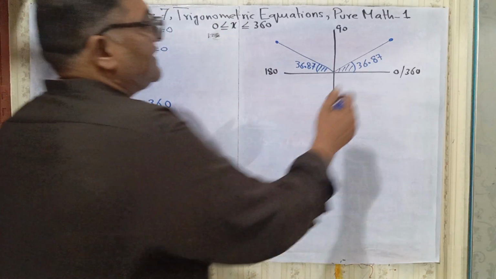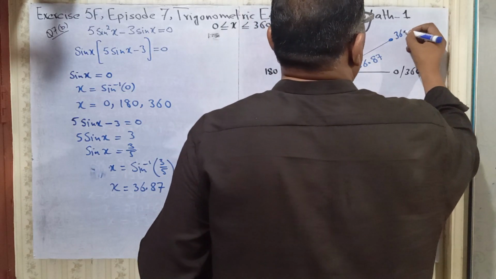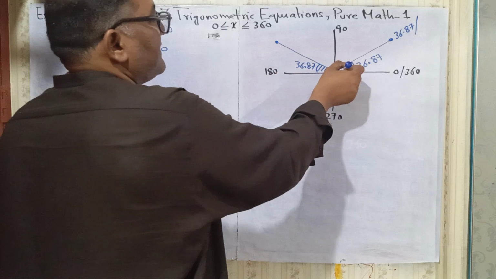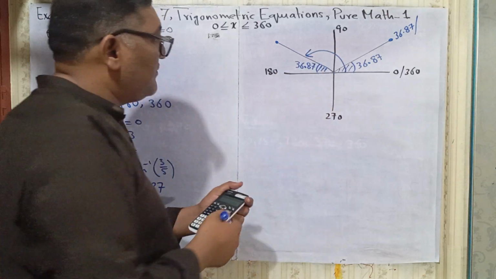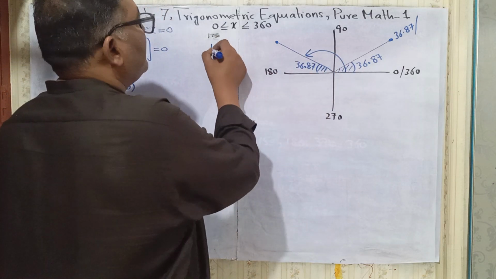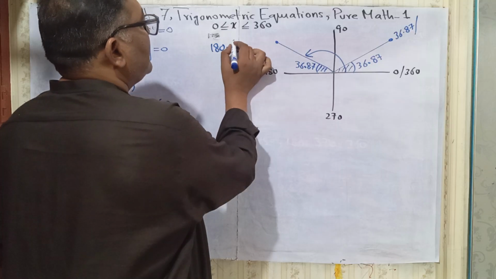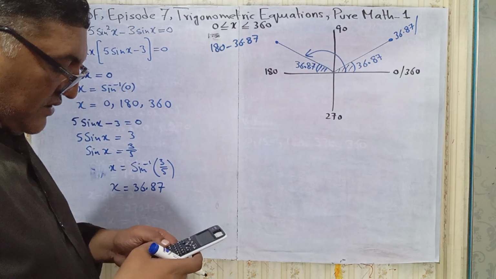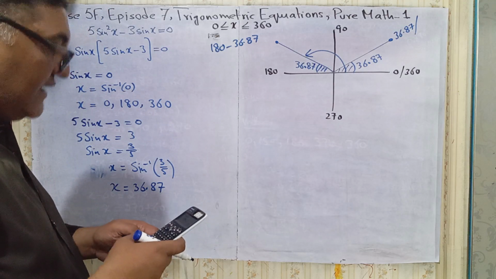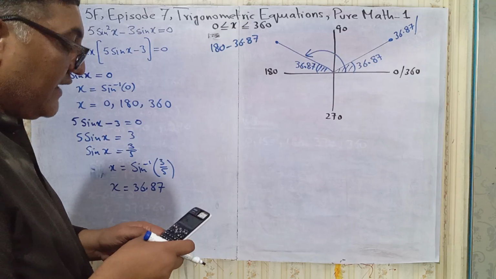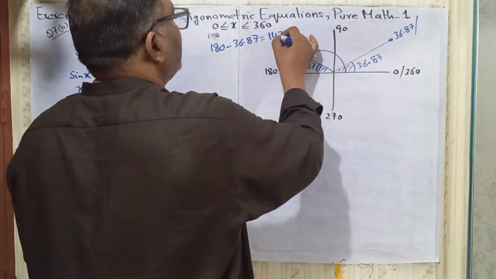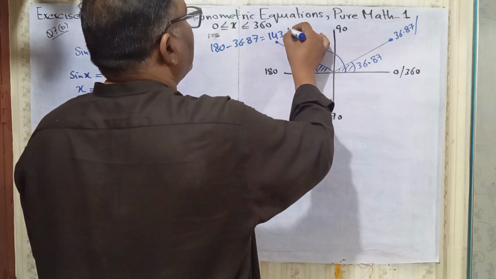So now this angle is 36.87, and this angle will be 180 minus 36.87 degrees. So that is something like 143.13.